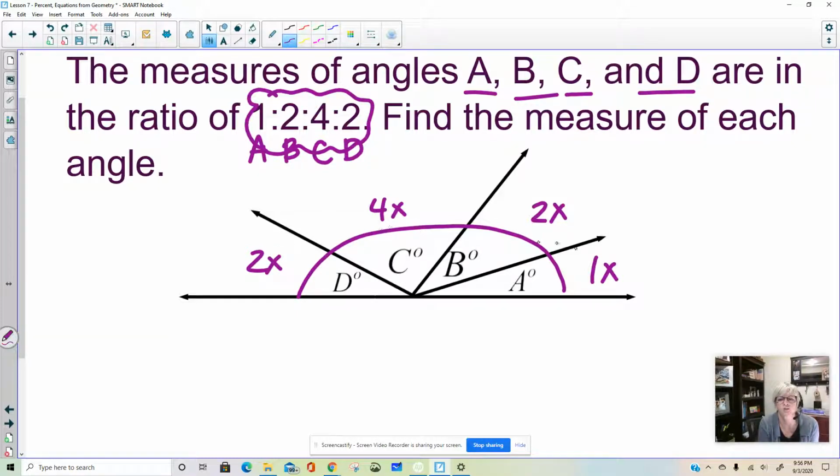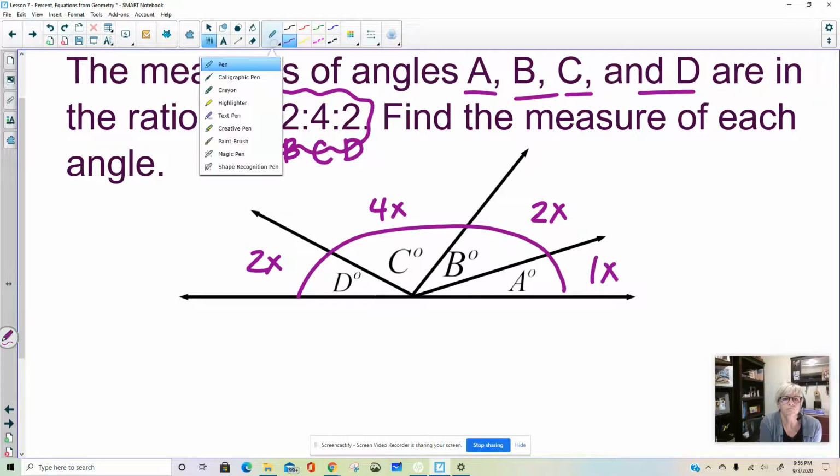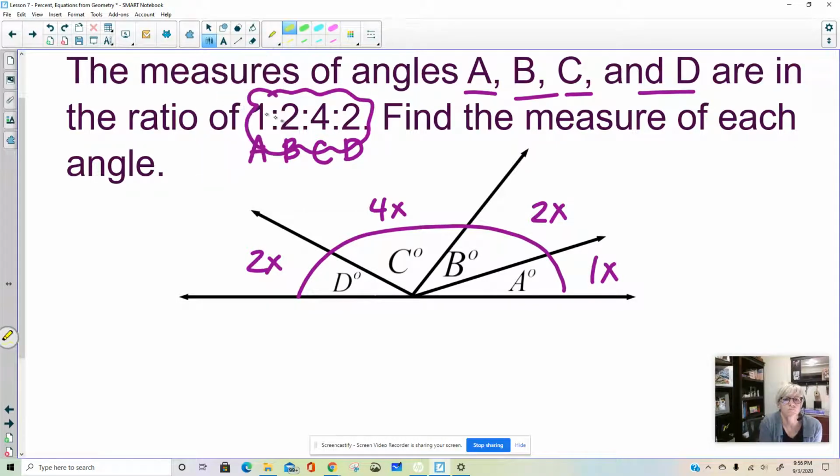So we can use the idea that the 1, 2, 4, 2 is multiplied by the same number, x, that was factored out to get that reduced ratio to begin with. So hopefully that makes mathematical sense.